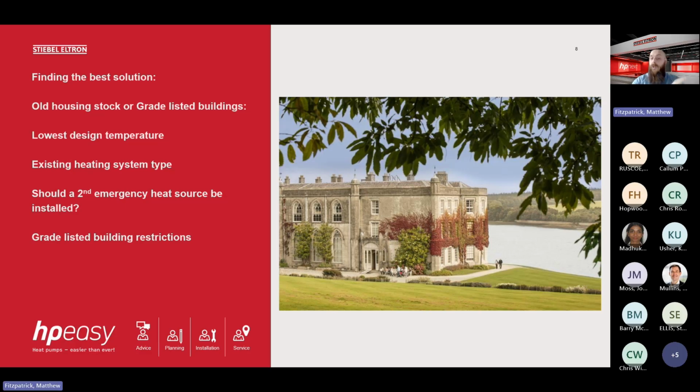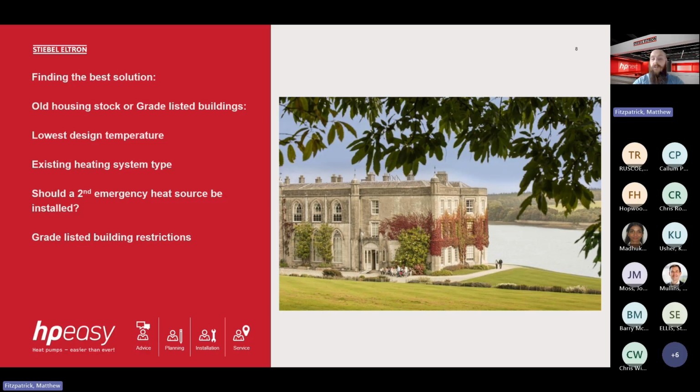And we said, well, what's the lowest flow temperature that you can achieve in this property to ensure the property is warm and comfortable and usable? And we were able to get it down to 45 degrees, which is perfect for ground source or air source heat pumps.